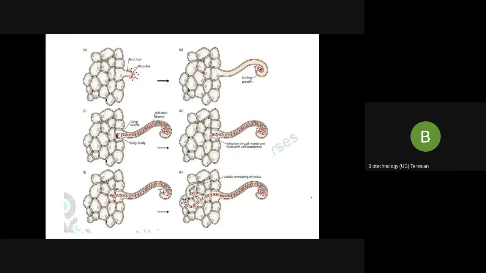Okay, the rhizobium, when it gets attracted to the plant, please see picture A here. When it gets attracted to the plant, that phenomenon is known as chemotaxis. You all know that. Chemo means chemical attraction. So from where am I getting this chemical attraction?